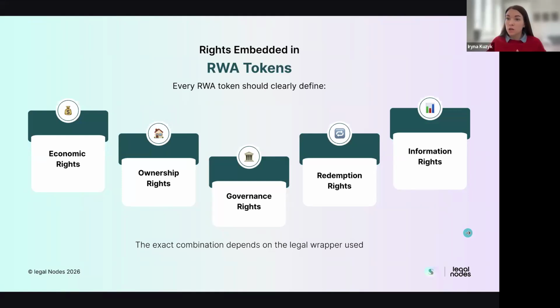Again, it depends on the regulatory exposure that the project is willing to be subject to, and the corporate structure and the legal wrapper of the token will define that regulatory exposure.